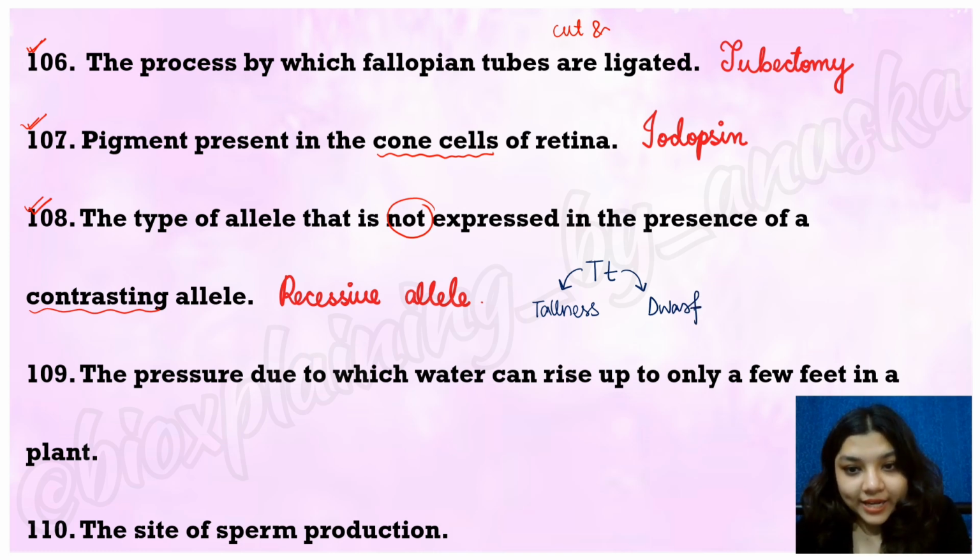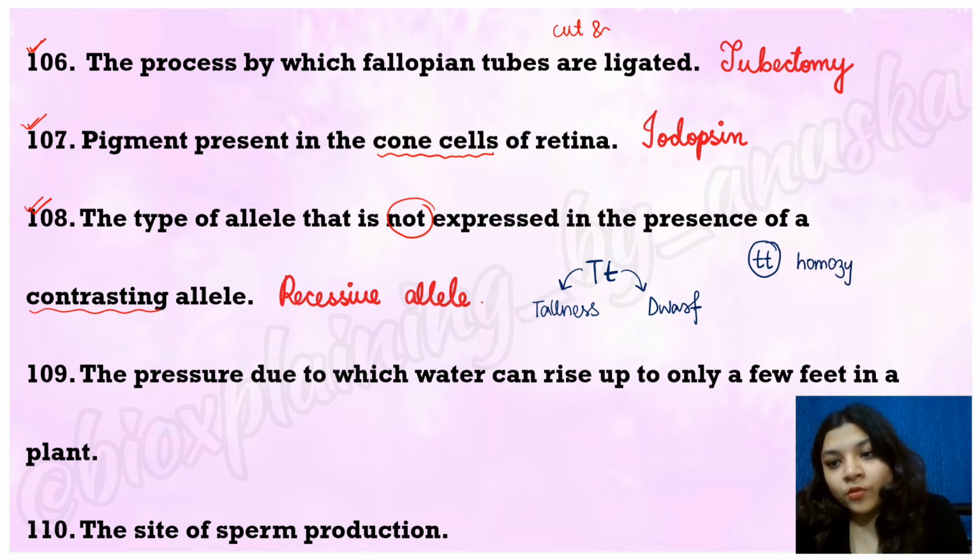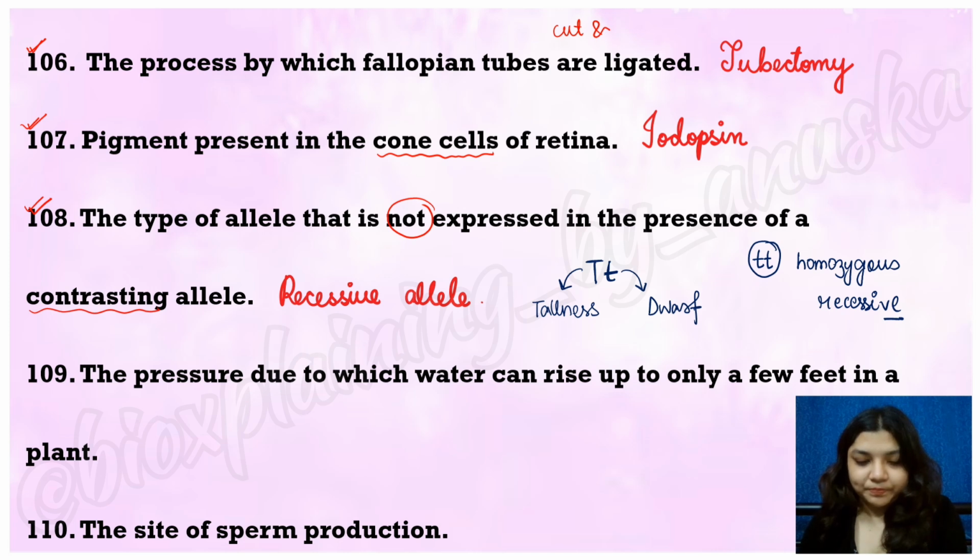Capital T being present, small t will never be expressed. The only time small t will be expressed is when it is homozygous recessive, so only when both recessive alleles are present together will this trait get expressed.